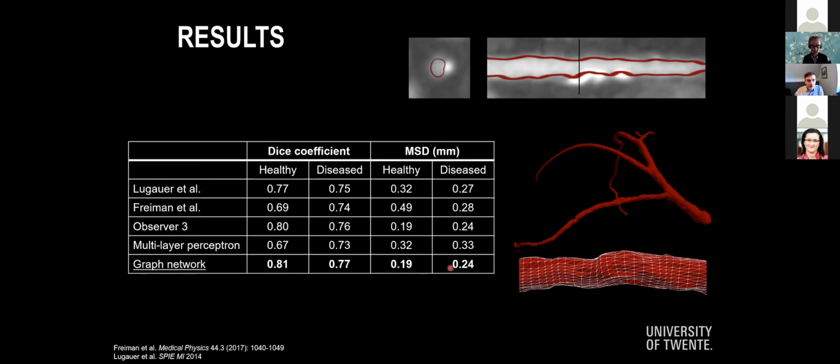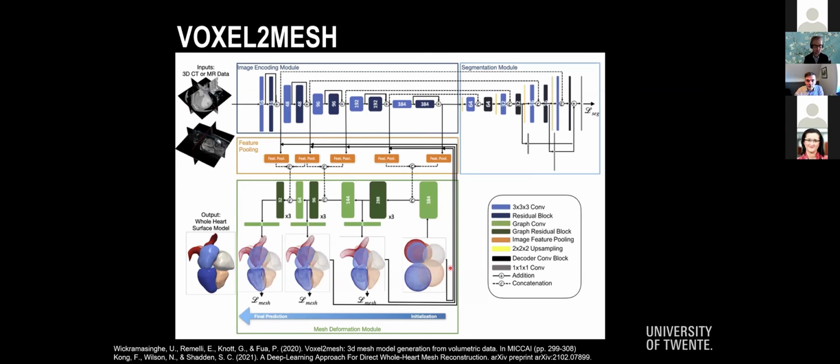Then one thing I still want to show is that there is now also a move to extracting meshes from images by really using a combination of priors and encoder-decoder schemes that we all know from UNet-like image analysis methods. So this is a figure from a paper that uses a voxel-to-mesh-based approach, where you have an image coming in. There is an image encoding module, just like we have in a normal segmentation UNet. There is a segmentation module that is able to provide an occupancy mask of the heart here.